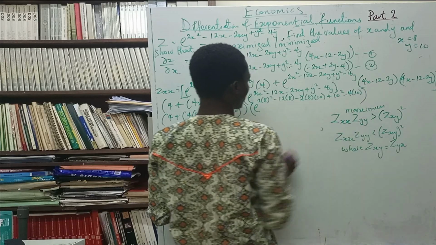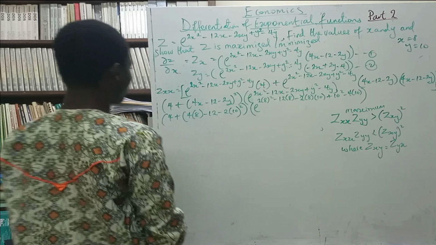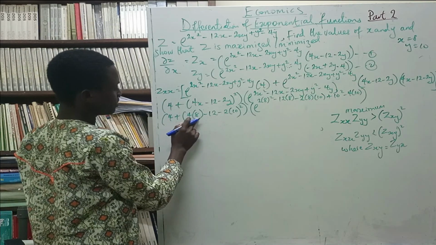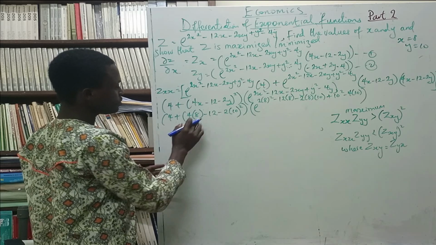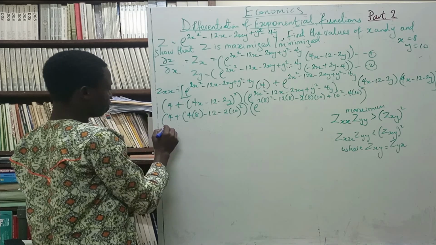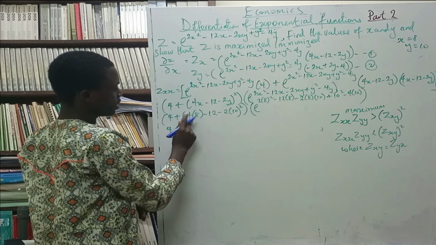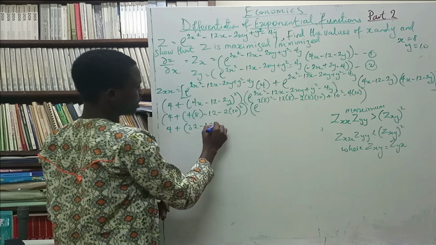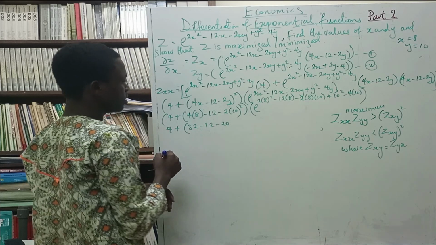You might be wondering why we have all of this. So we have 4 plus, now 4 times 8 is 32. 4 plus 32 minus 12 minus 20.